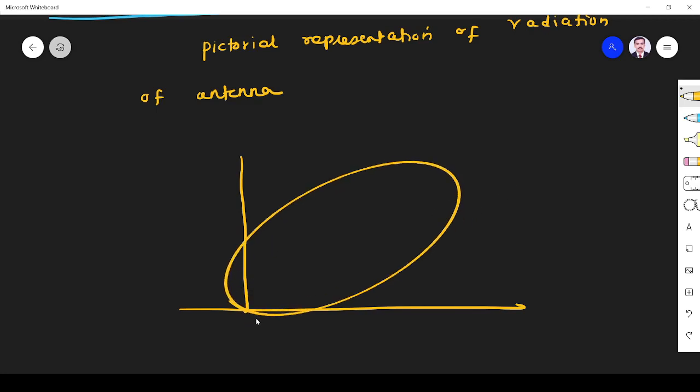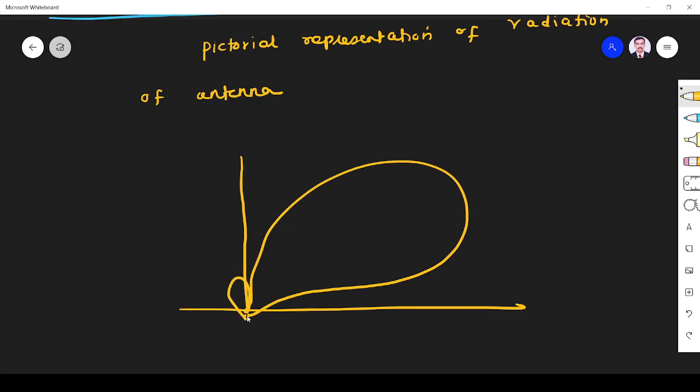So let us see, right? So here you see the maximum radiation in this direction. So this is called main beam, right? So this is what intended direction. These are all unwanted radiation. So this is called side beam, right?